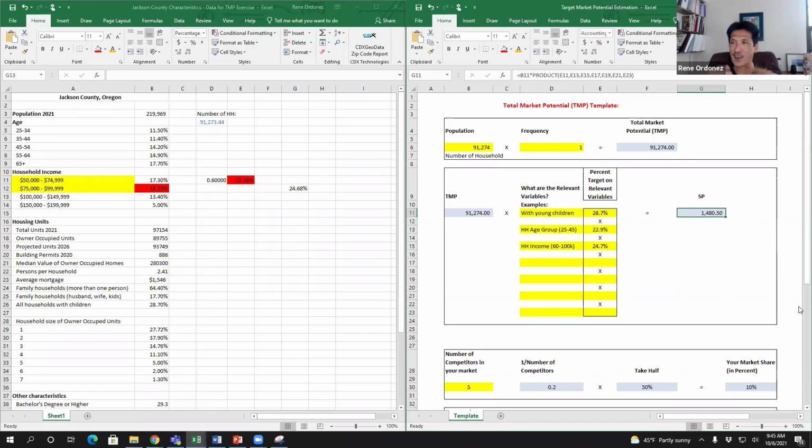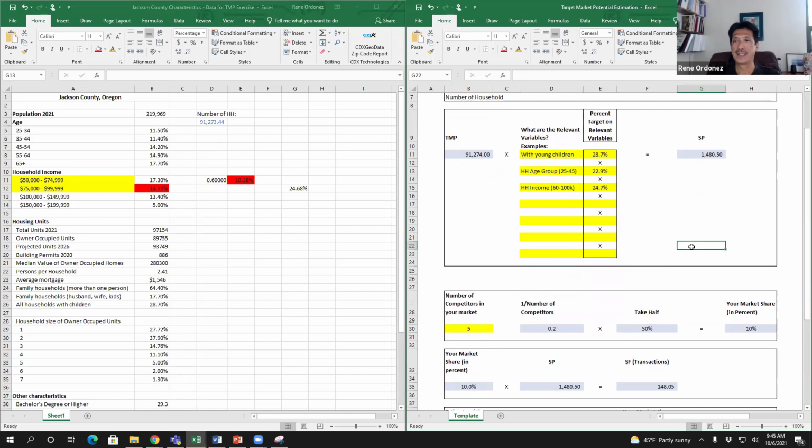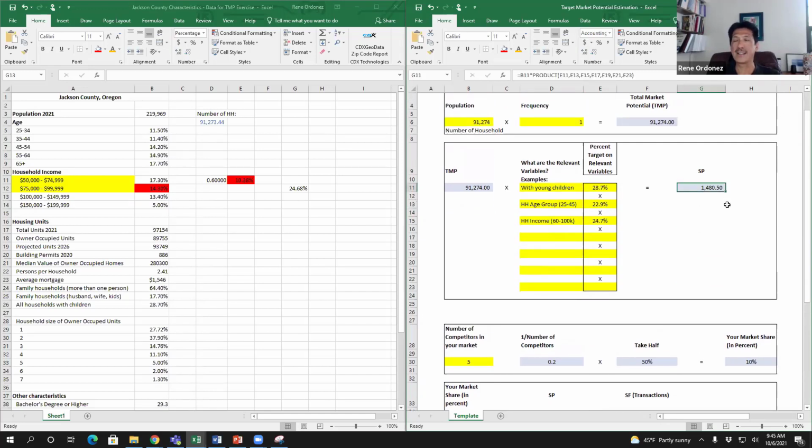I know this requires a little bit of thinking. So that's the number of households in Jackson County that meet these three criteria. Now, we will find the number of part of these households who will be buying new homes or constructing new homes this year.